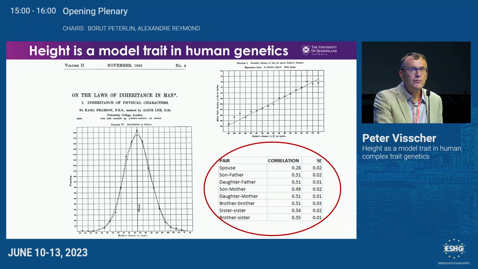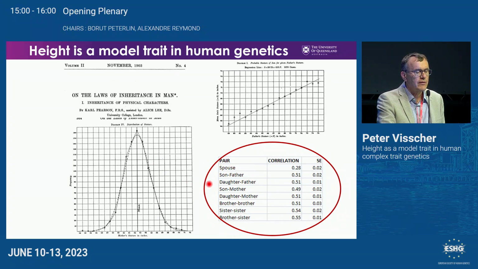If we move on a few decades or so, this just illustrates how easy it is to get large sample sizes for height, because it's easy to measure and self-report is actually quite accurate. This is a paper from Karl Pearson and Alice Lee, where they now used correlation to quantify the resemblance between first-degree relatives.